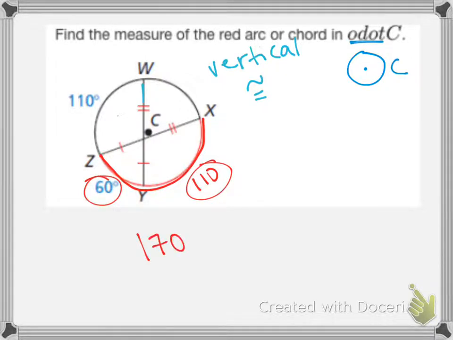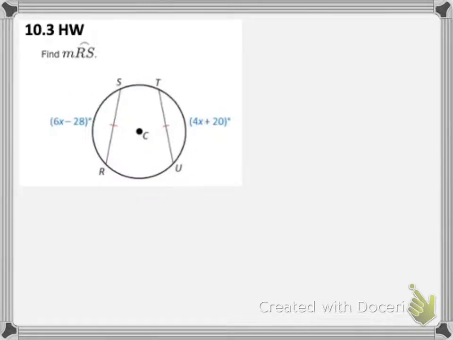which makes 170 degrees. So in 10.3 we learned about chords, and basically it said if you have congruent circles, or the same circle, and you have congruent chords inside of those circles, then it cuts two arcs and makes congruent arcs.